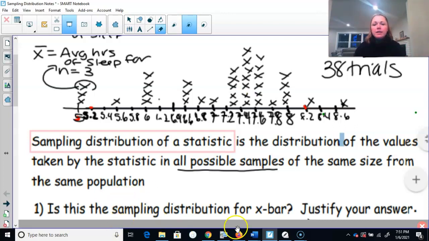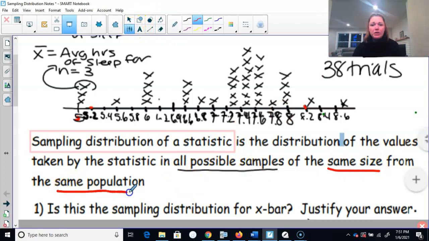So is this a sampling distribution of X bar? Looking at the definition, a sampling distribution of a statistic is the distribution of values taken by the statistic. We have a distribution of values here. What is our statistic? X bar. So far, yes. Now keep reading: in all possible samples of the same size from the same population.